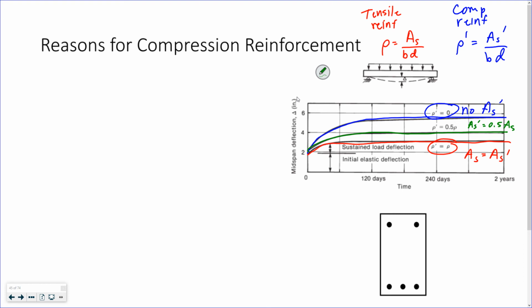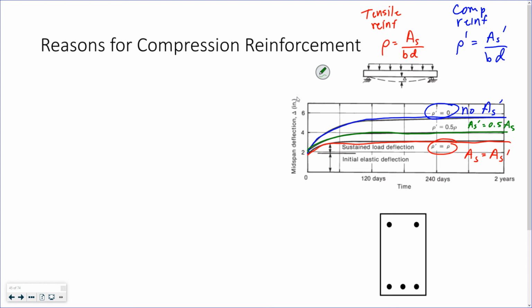So what does this tell you? What would be the effect of having compression reinforcement? You decrease deflections for sustained loads, right? If you have no compression reinforcement, you have about 5.5 inches of deflection.